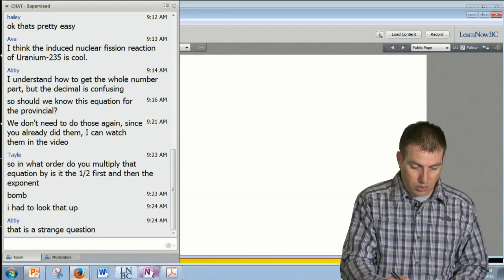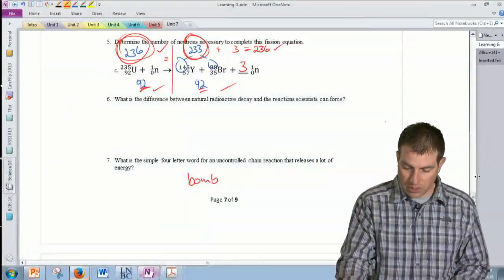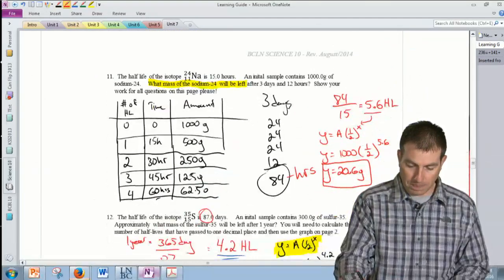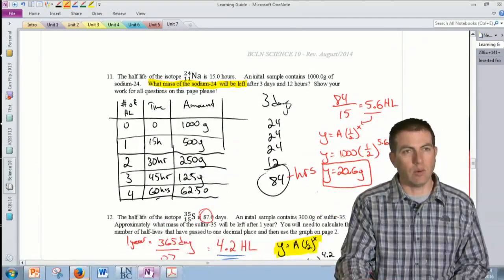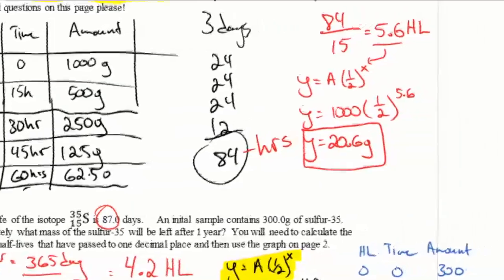What order do you multiply the equations so the half is first and the exponent? Since we already did that much once. Okay. Taylor, with the equation, I kind of work my way backwards. So in my calculator, I would write 1/2 is the same thing as 0.5.